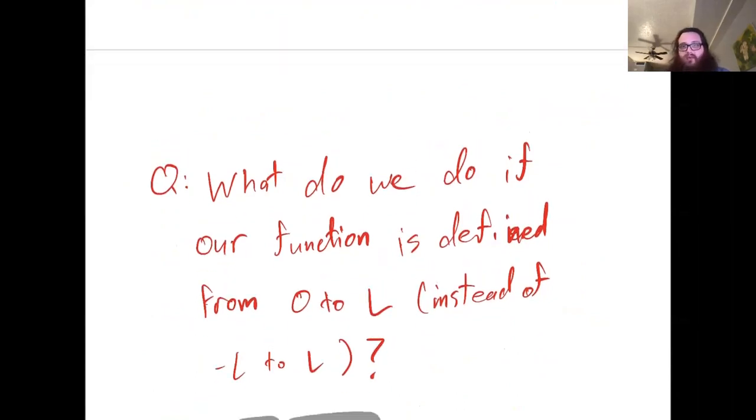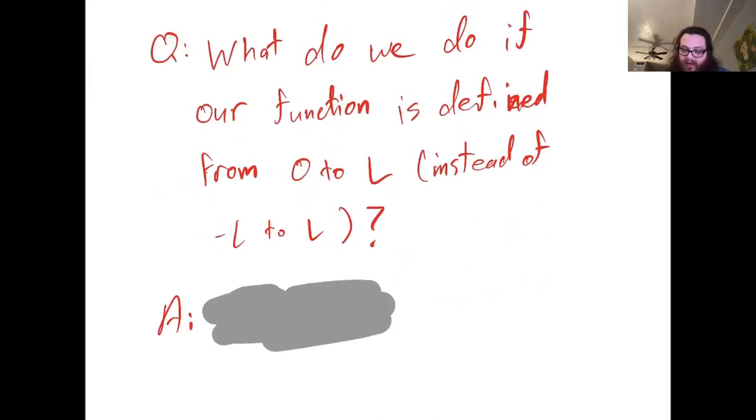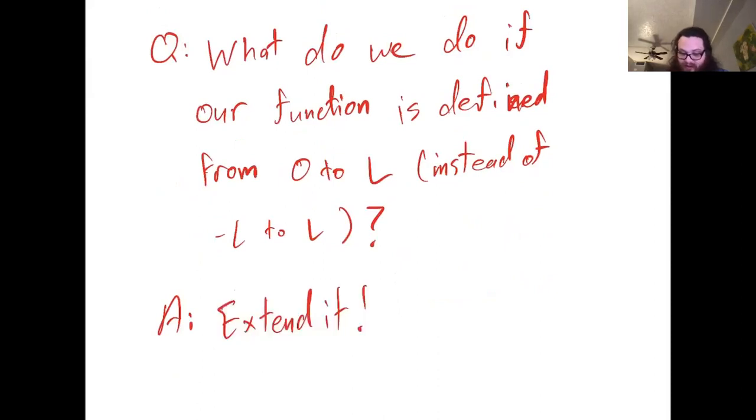But in general, if you want to decompose a function into its Fourier series, but you're only given information about the function from 0 to L, how do we translate it into the framework that we're comfortable with, for a function from negative L to L? The answer is that we extend it. We extend the function in some way so that it takes values from negative L to L, and then we go through the usual pipeline of computing these Fourier coefficients and going from there.